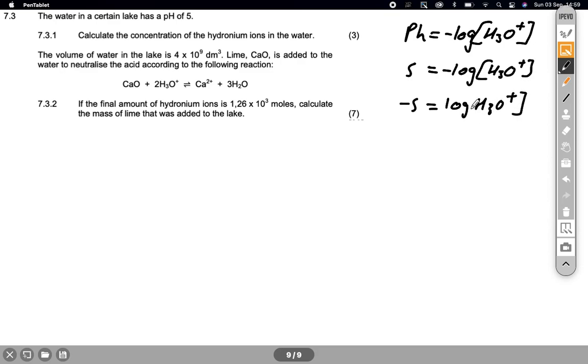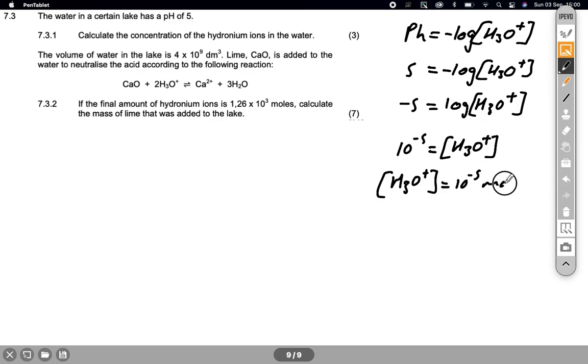Okay, and then to get the anti-log, you will just have to say 10 to the power negative 5.7 is equal to the concentration of the hydronium ions, which should give you 10 to the negative 5.7 moles per decimeter cubed. Very simple.